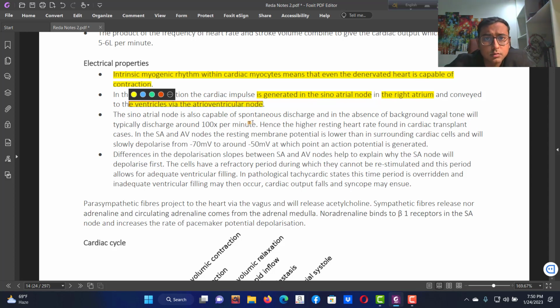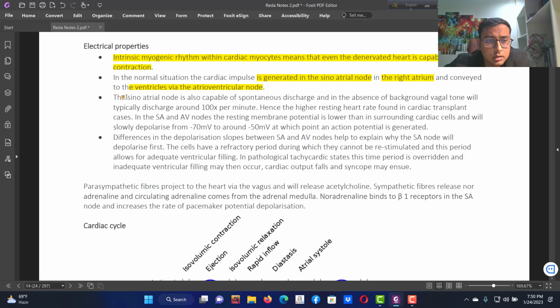This is almost normal physiology, you know. The sinoatrial node is also capable of spontaneous discharge. In the absence of background vagal tone it will typically discharge around 100 times per minute, hence the higher resting heart rate found in cardiac transplant cases.